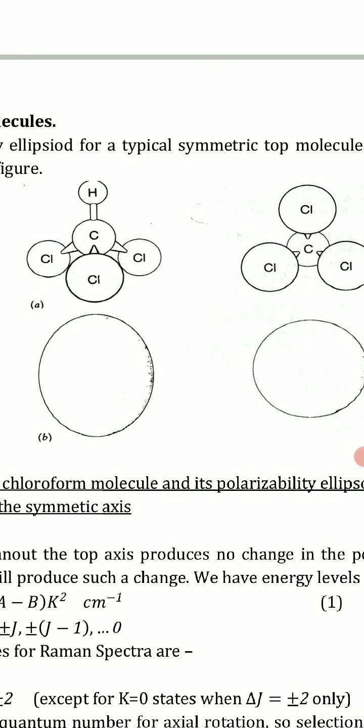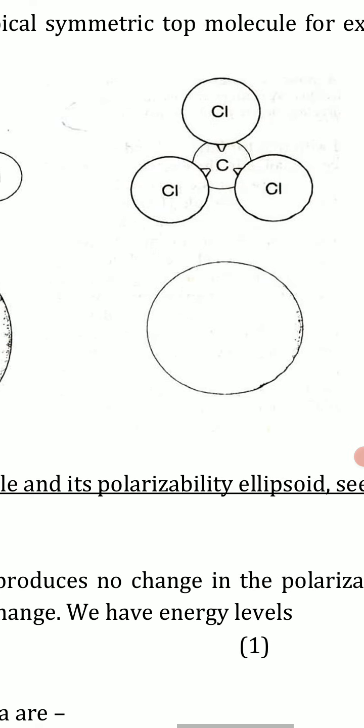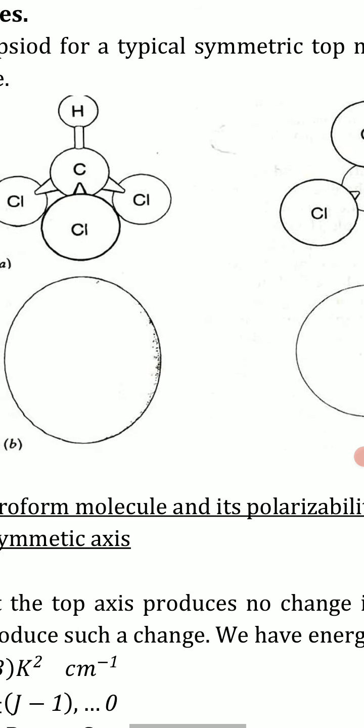So if we see across the symmetric axis, that is CH axis, then it is in the form of ellipsoid. And if we see along the symmetric axis, CH axis, then the polarizability ellipsoid is in the form of spherical shape.